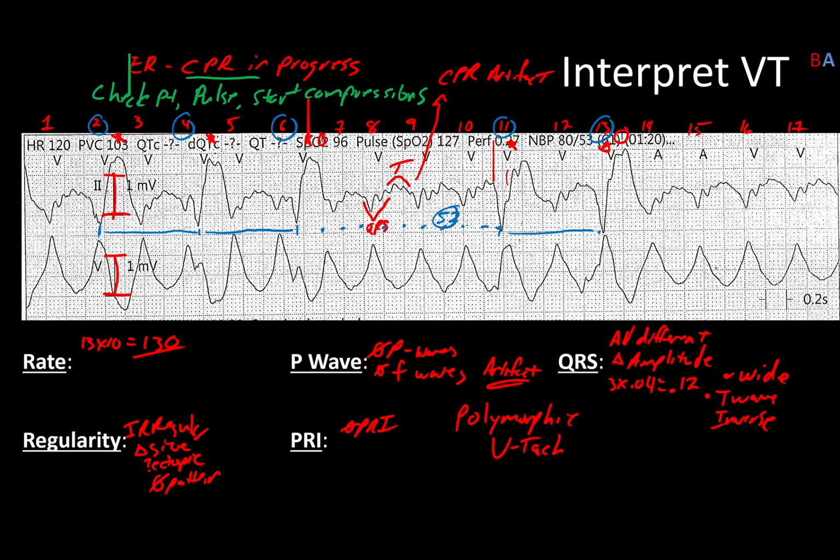If you measure these out, it's exactly 25 apart for these, 52 across this big gap, and then another 25. So it looks like there is a second site ticking along at its own pace that is able to get some heartbeats out in addition to the V-Tach that's going on.